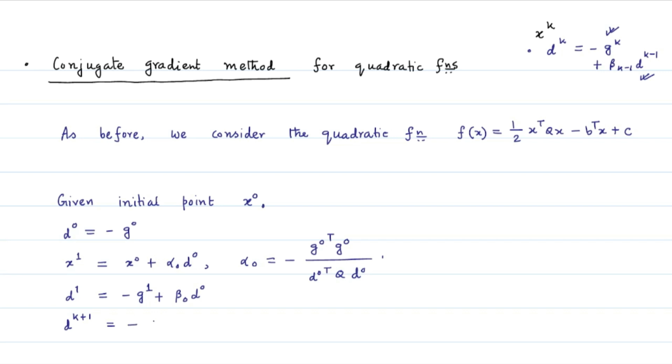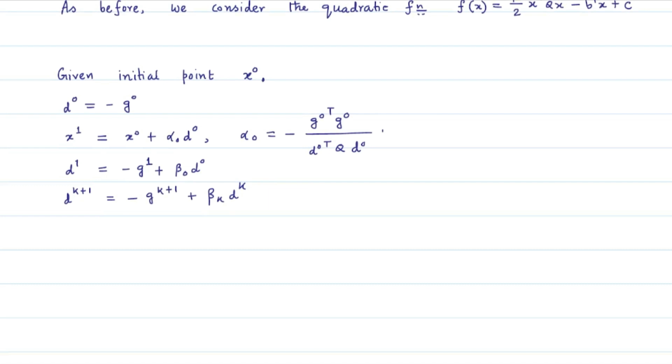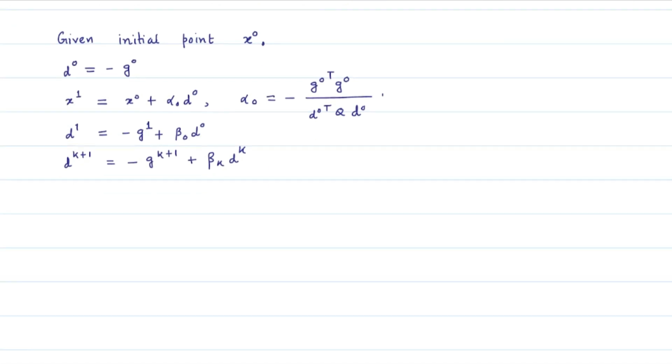Specifically, we choose this dk plus 1 given by minus gk plus 1 plus beta k dk for some scalar beta k. The coefficient or the scalar beta k is chosen so that this vector dk plus 1 is Q conjugate to dk.